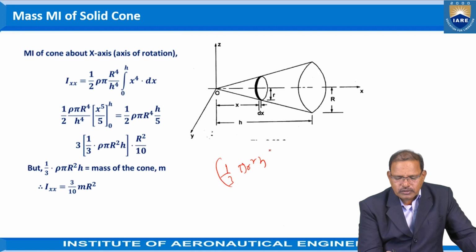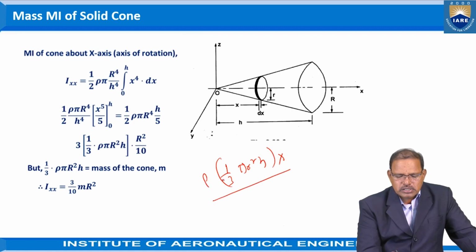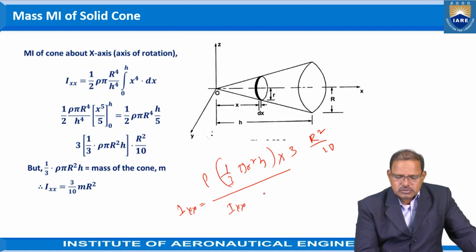The volume multiplied by the density rho is nothing but the mass. So multiplying and dividing, we get R square by 10 times the mass. Therefore Ixx is equal to the mass into 3 by 10 R square, or 3 by 10 m R square.